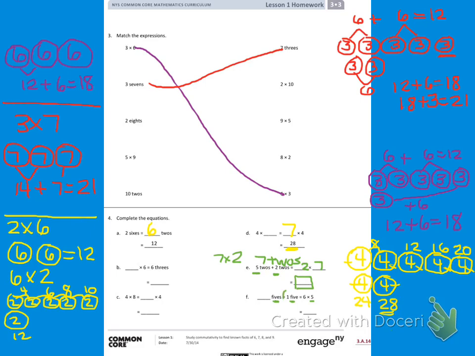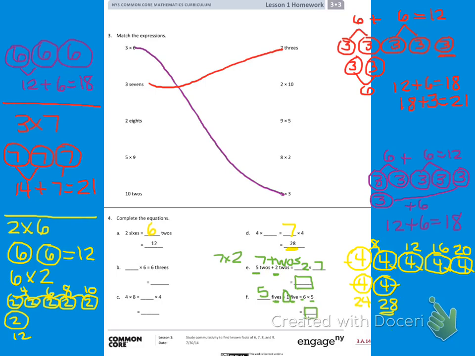And they have a 1 here. So I have to think of how many more do I need to get to 6. So I think that that's going to be 5. Because 5 and 1 is 6. 6 5s plus 1 5 is the same thing as 6 times 5. Or 6 groups of 5. You have to figure out what the product is that goes here.